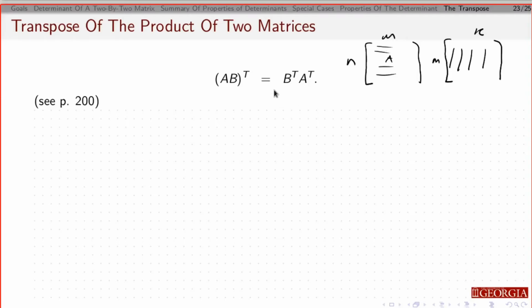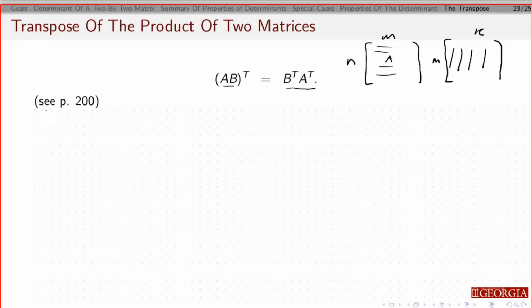And the way we show this, I'm going to kind of sketch this out, but we find the ith row and jth column of this thing. When we transpose it, that new result's going to be in the jth row and ith column of the final thing. And then we find this multiple and we find the jth row and ith column of that and see if they're the same. So let's see.